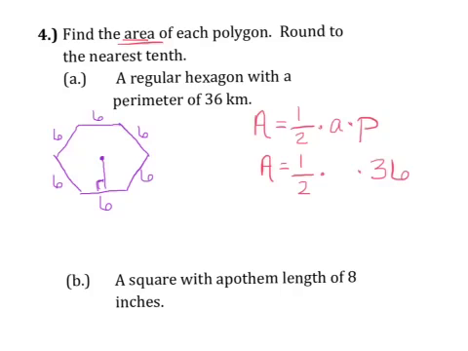Okay, so what we've been doing is understanding that you have 6 equilateral triangles in a regular hexagon. Okay, so if we look at this triangle right here, or half of this regular triangle, then we have a 30, 60, 90 triangle in there.